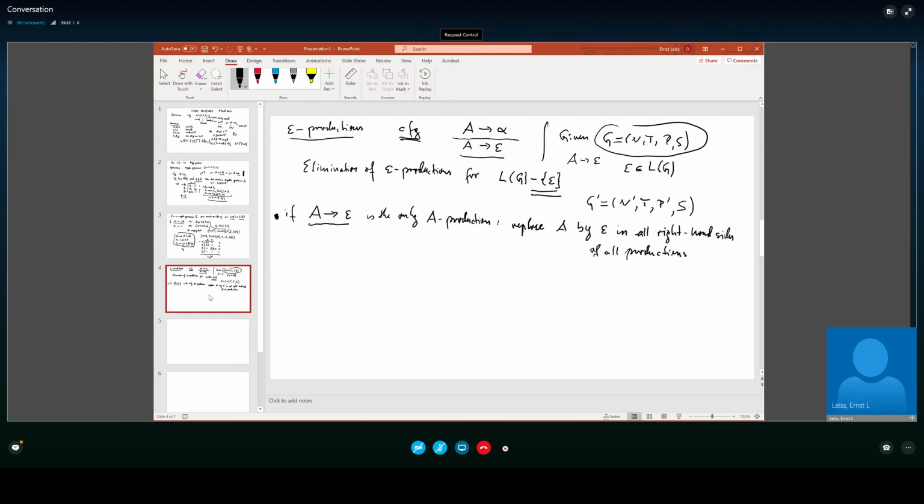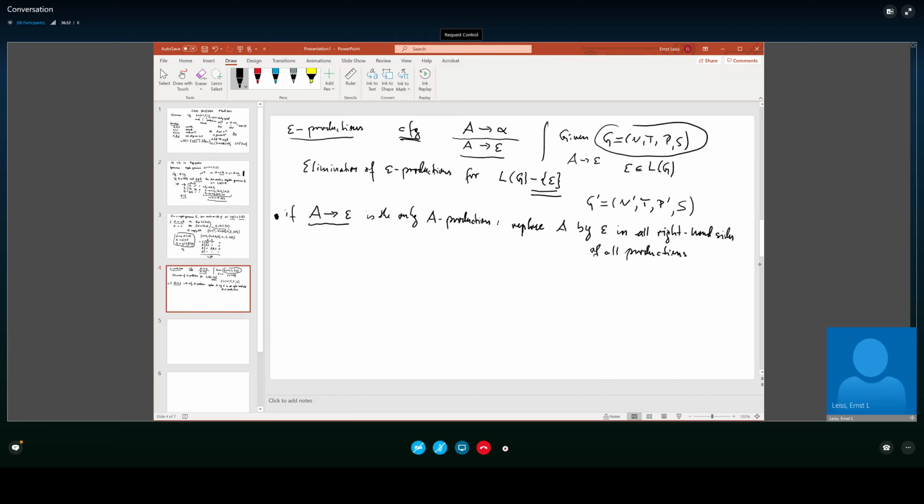So clearly, in order to get a word in that L of G, that language generated by the grammar, we have to get rid of the A, because this is a variable. And if A goes to epsilon is the only production for that variable A, then obviously instead of applying the A goes to epsilon to a right-hand side that contains that variable A, I can just replace it immediately.